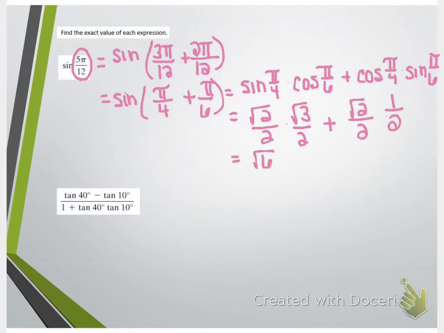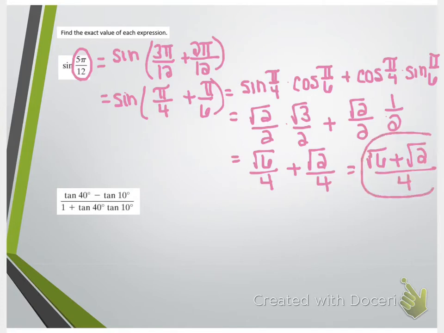You get square root of 6 over 4 plus square root of 2 over 4, which you can leave like that. You can also say it's root 6 plus root 2 over 4. That's your answer. Okay.